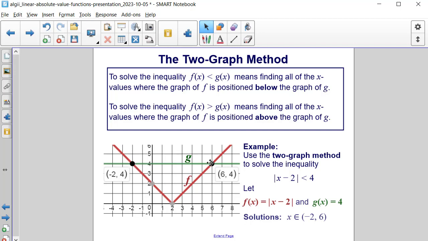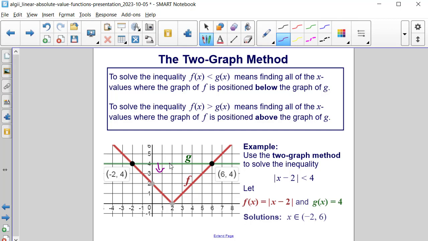We're finding what is less than 4, so below our horizontal line, and where f falls within this interval. So that happens from negative 2 all the way up to positive 6, and we're not including both endpoints because there's no equal to in our original inequality.